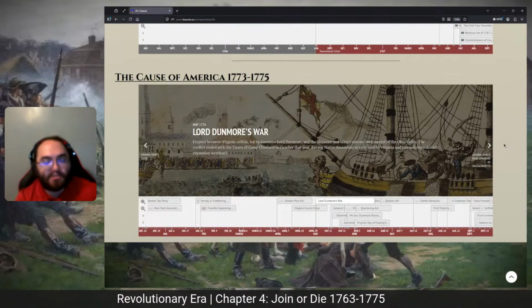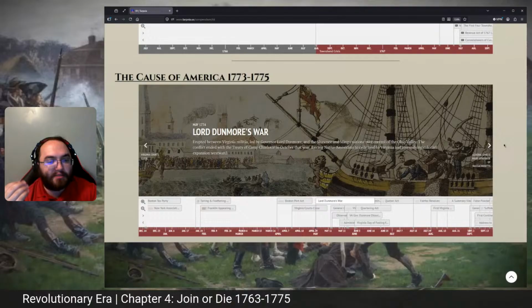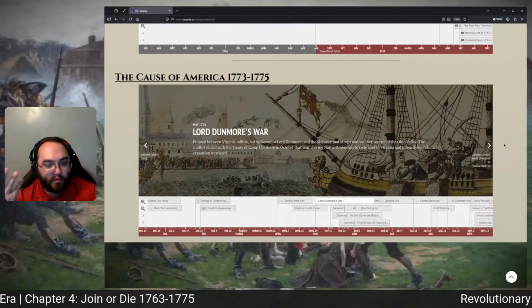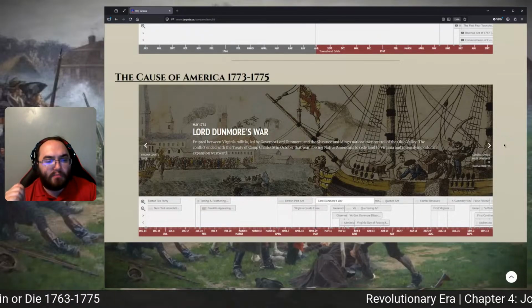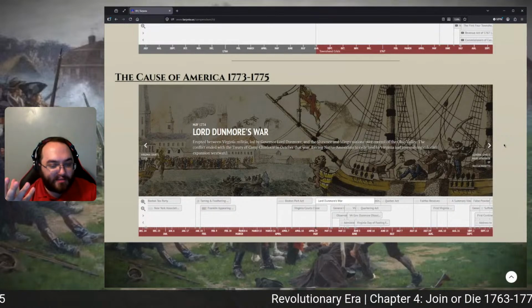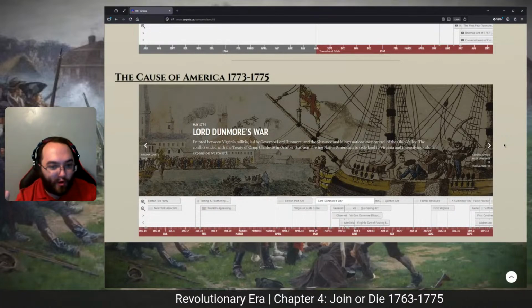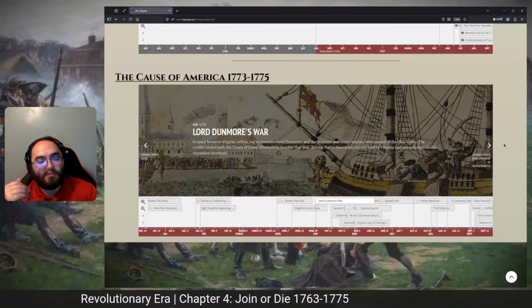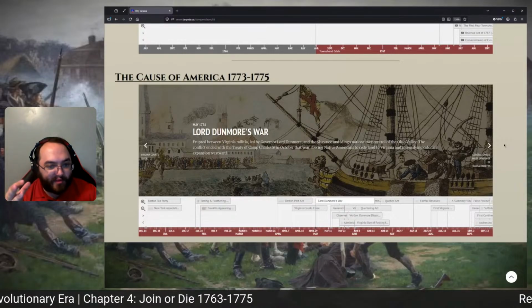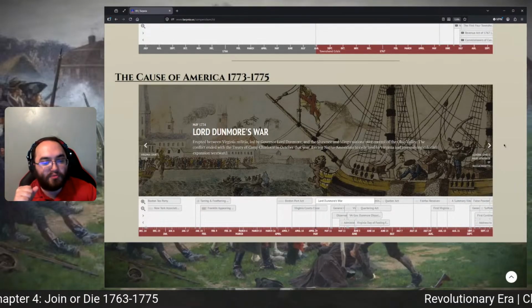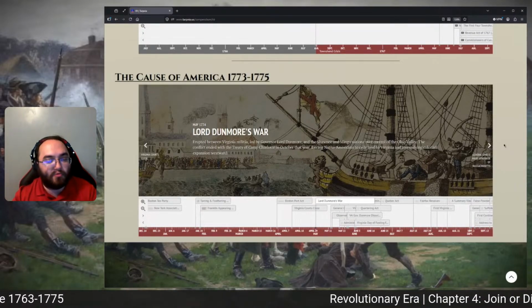And so in an incident like this, Lord Dunmore, the royal governor of Virginia, allowed more land to be taken from Native Americans who aren't allied with the English, ceded from the natives and brought into Virginia territory.